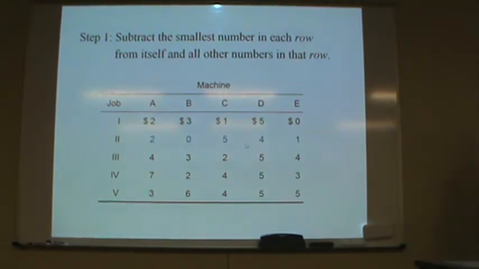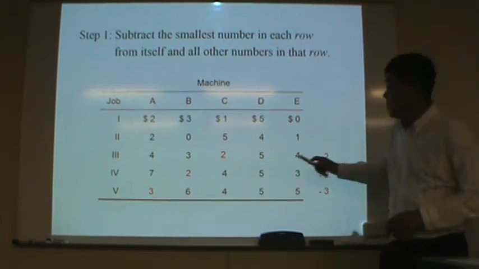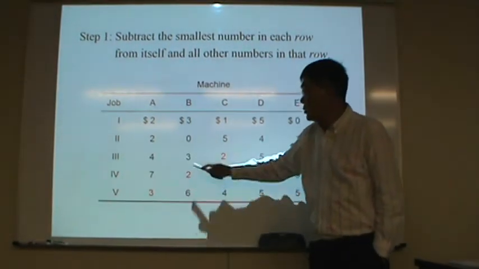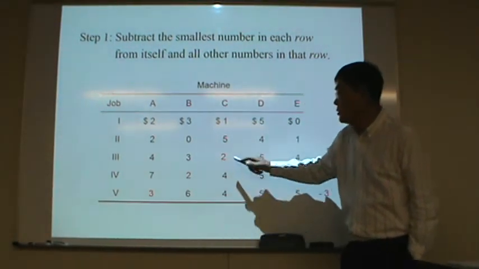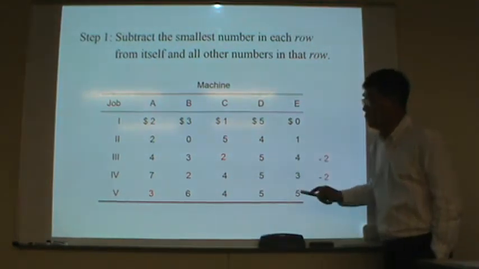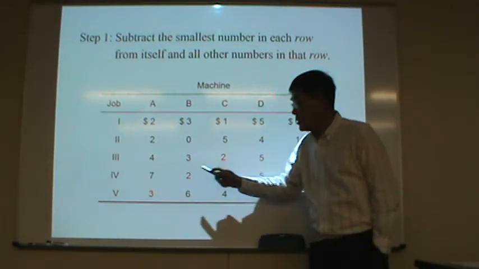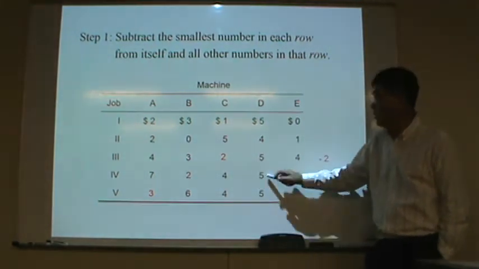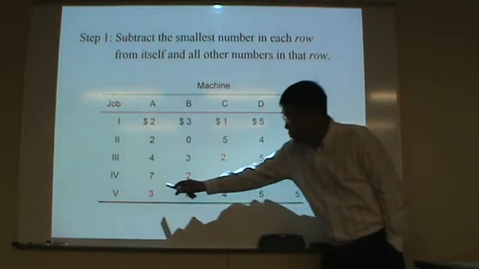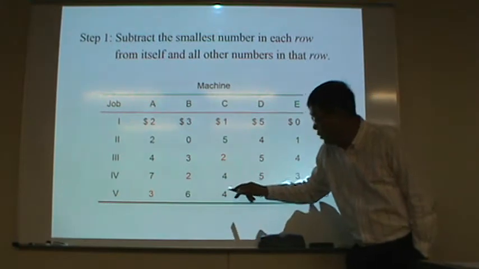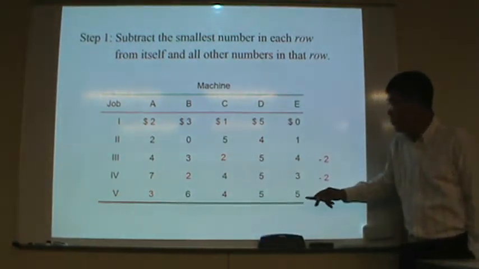And third row, 2 is smallest. Fourth row, 2 is smallest. Fifth row, 3 is smallest. So 4 minus 2 is 2. 3 minus 2 is 1, 0, 3, 2. 7 minus 2 is 5, 0, 2, 3, 1. 0, 3, 1, 2, 2.